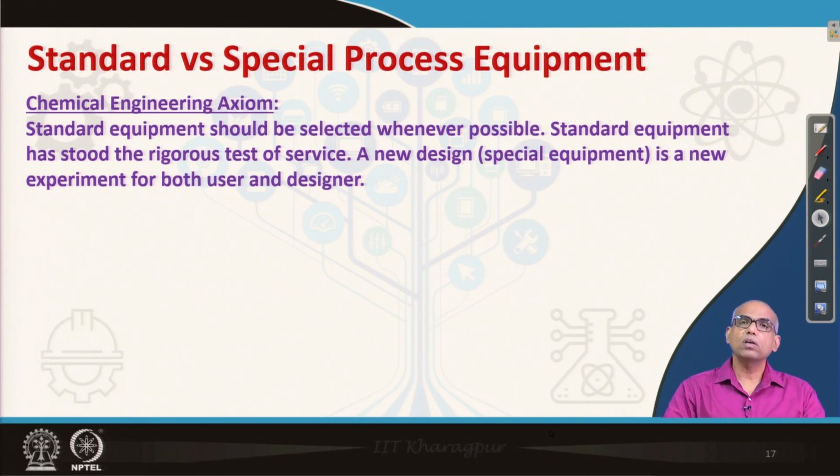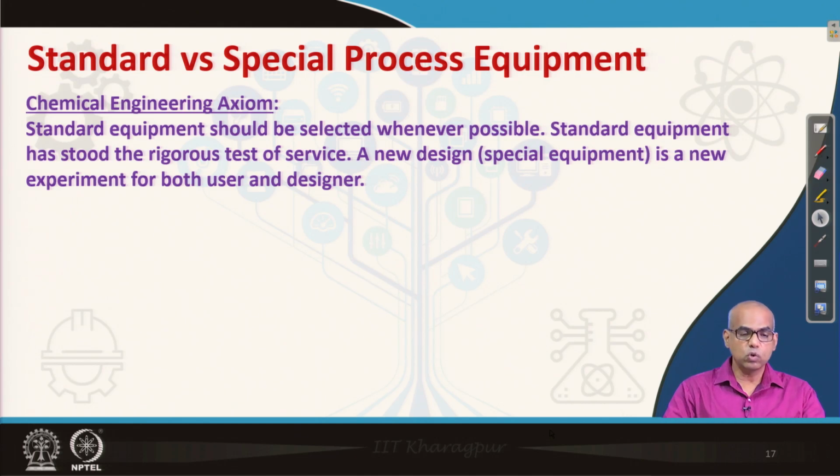Now, let us talk a little more about standard versus special process equipment. We have talked about proprietary equipment and non-proprietary equipment. Proprietary equipment are standard equipment, non-proprietary equipment are special equipment. As we have told again and again, standard equipment should be selected whenever possible.